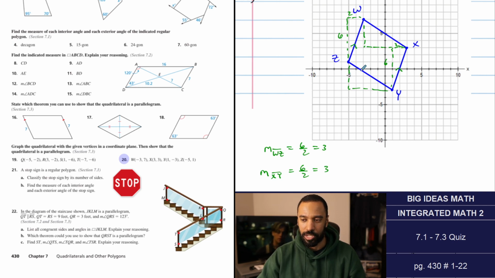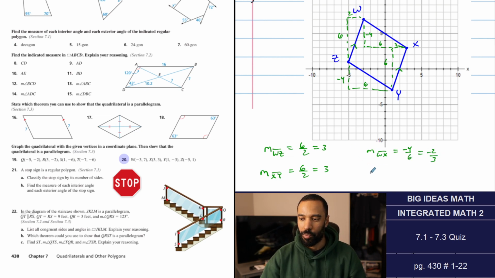Let's look at ZY and WX. We go down 1, 2, 3, 4 and over 1, 2, 3, 4, 5, 6. This is also down 1, 2, 3, 4 and over 1, 2, 3, 4, 5, 6. So the slope of WX is negative 4 over 6, which is negative 2/3.